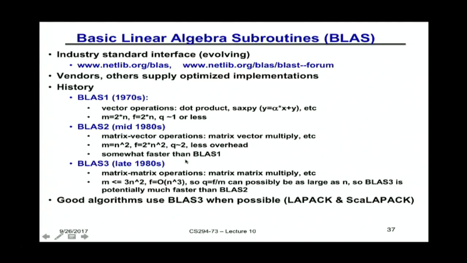What's a significant breakthrough is really BLAS3. People realized that when you get to an even higher level, and try to do as much matrix operation as possible instead of matrix-vector or vector operations, then you get this benefit. As we said, potentially you can get Q of order n for many dense linear algebra operations.